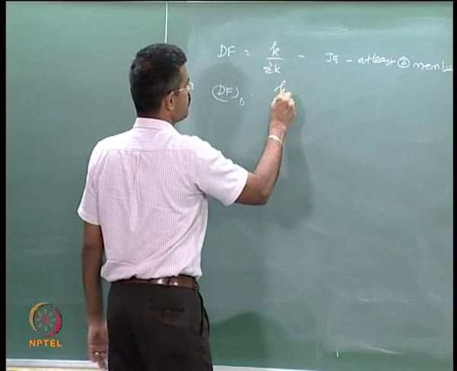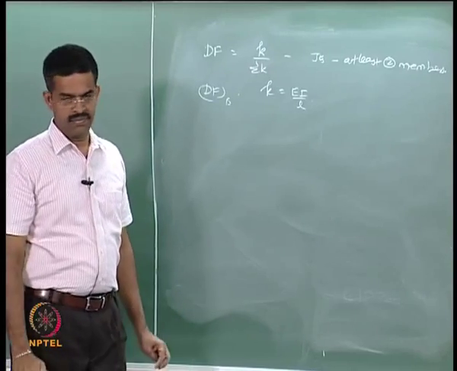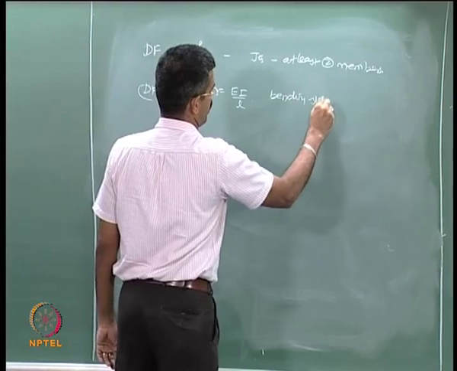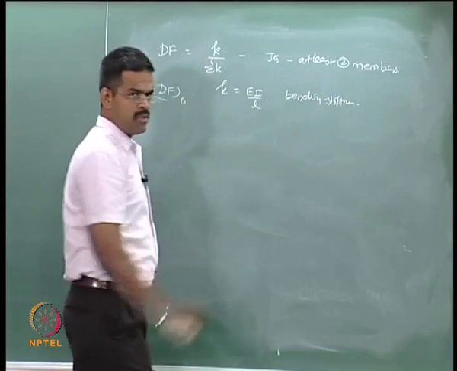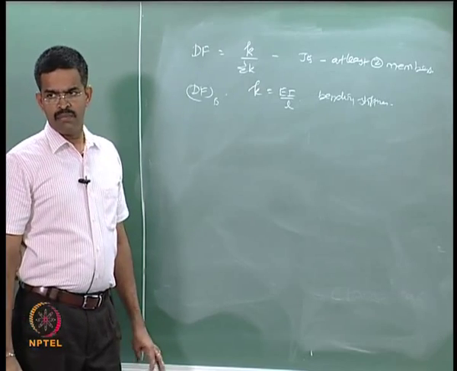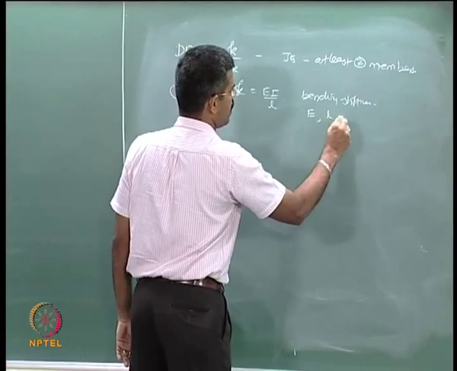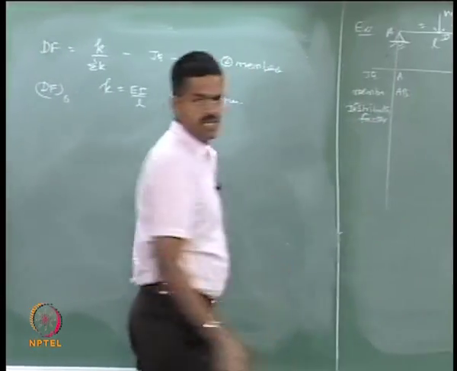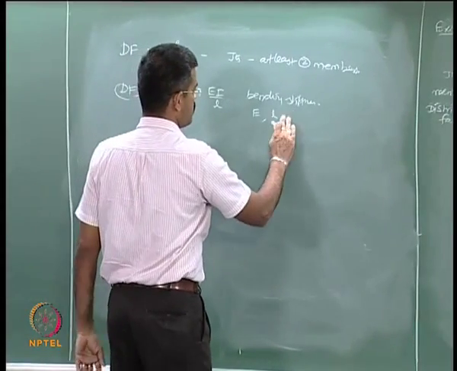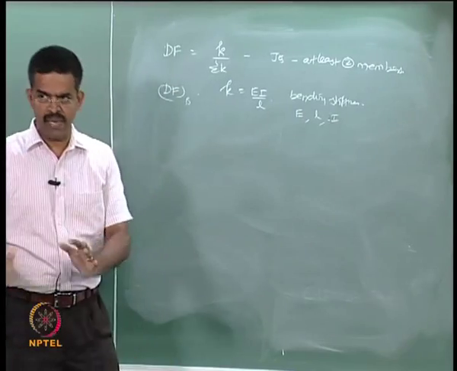Generally K is given by simply EI by L. I am looking for the bending stiffness, which is proportional to EI by L. E and L of AB and BC are the same, and even I, that is the cross sectional dimensions of the AB and BC beams, are the same.